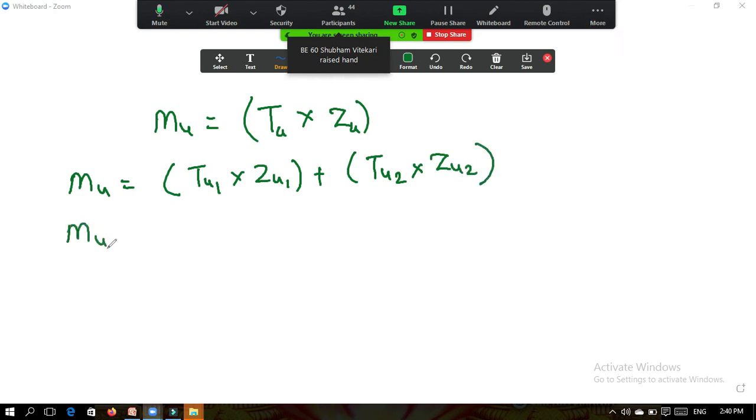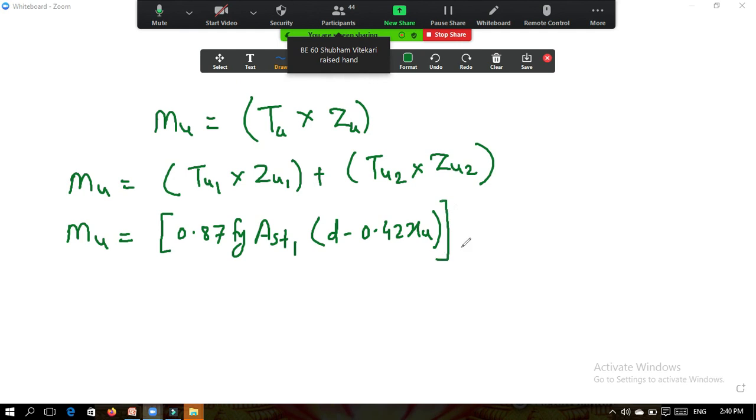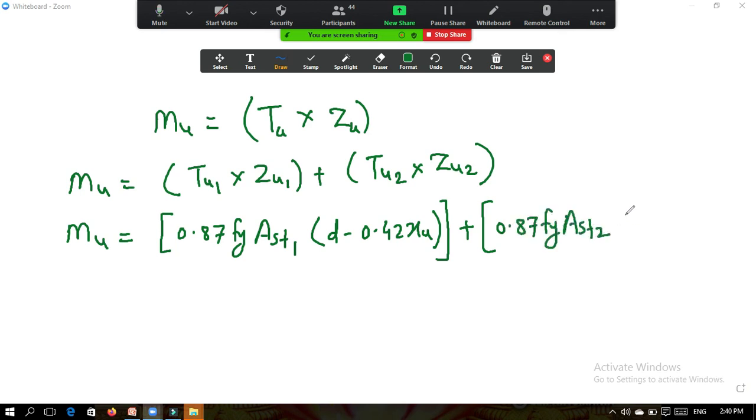TU1 is 0.87 FY AST1, ZU1 is D minus 0.42 XU. Plus here TU2 is 0.87 FY AST2 in bracket D minus D dash. So now put the values, and you will get the value of MU.